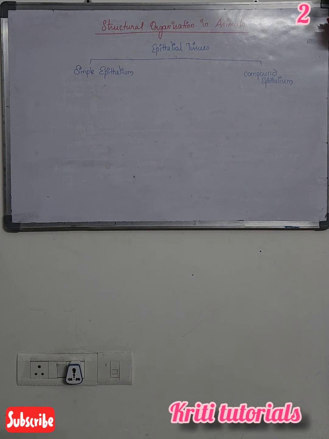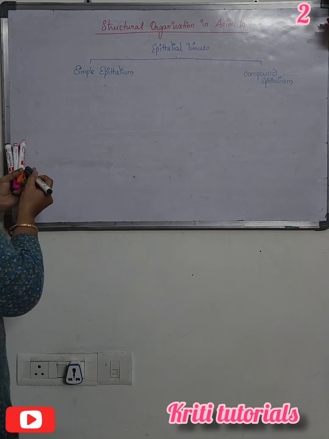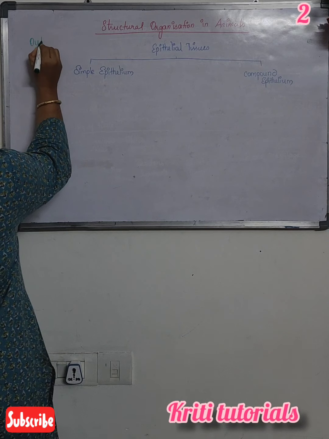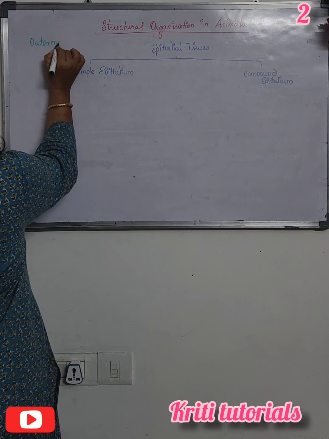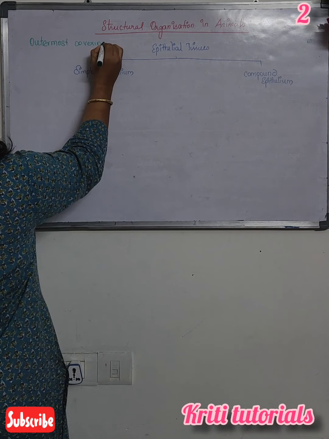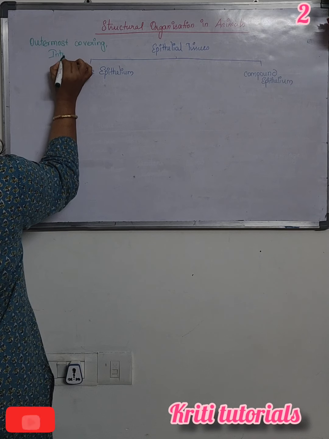Epithelial tissues form the outermost covering of our body, and they are also present in the internal layers.